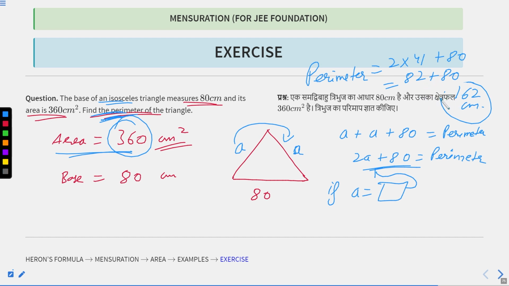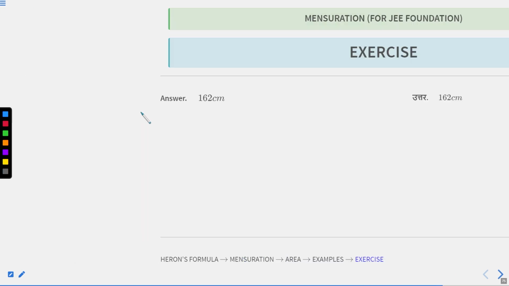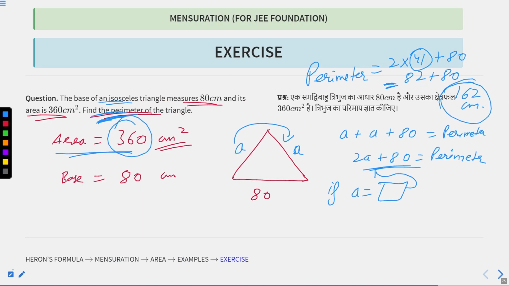Okay, I hope the answer is clear to you. Just be careful doing calculations. As you saw, I mistook the value of A. So just be careful while calculating. So 162 is our perimeter. I hope this all was clear to you, and thank you.